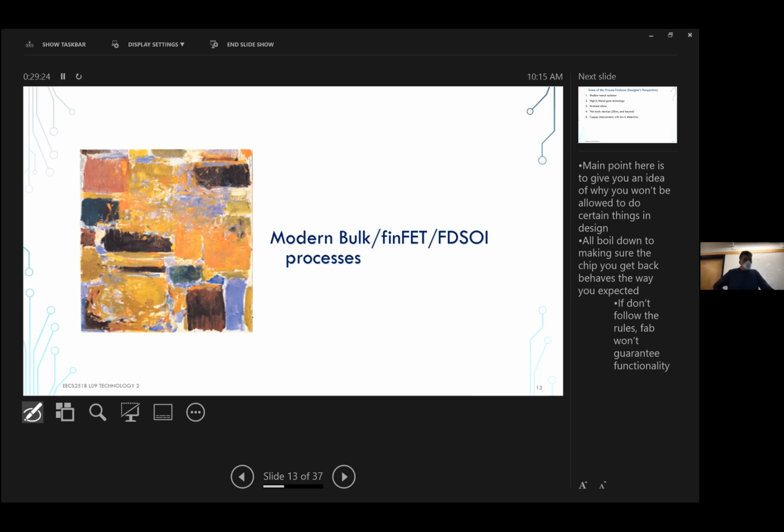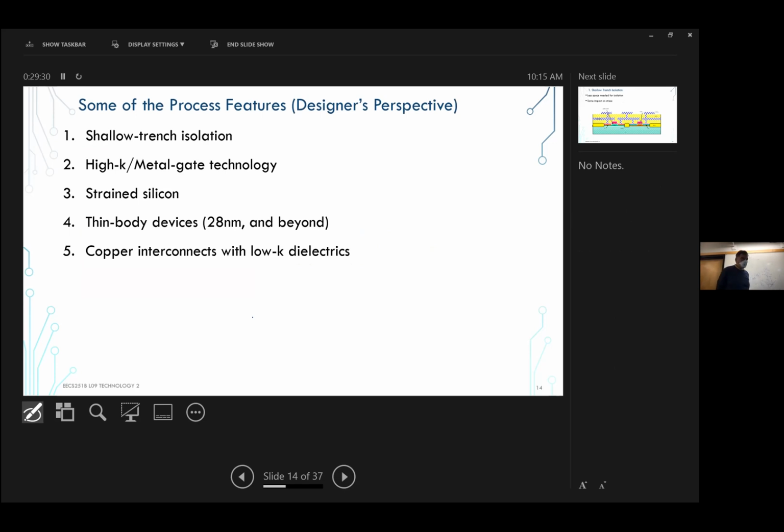All right, let's talk a little bit about some of the modern processes and what the features in there are. Here's a list of things that we have, and we're going to add things at the bottom.